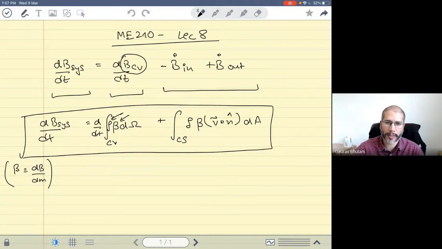That way we can calculate B in the control volume as an integral over the varying value of rho times beta over the different infinitesimal volumes in the overall control volume. That's the most general way to write it. If you have a situation where B is homogeneous, then you can simply use this form. Any questions?